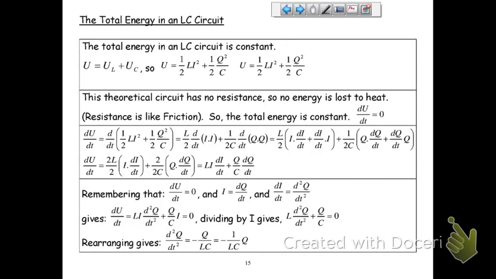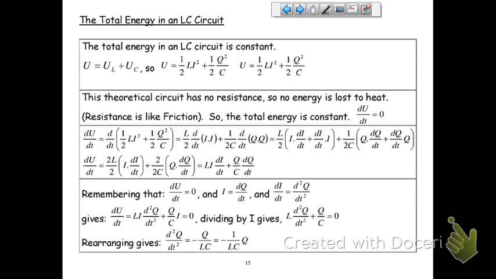dU by dt equals d by dt of what we just had. Take out our L and take out a 2. So d by dt of I squared, I times I. No, it's not a dot product, it's I times I. Plus 1 over 2C d by dt of q times q. And oh, I know where we're going.